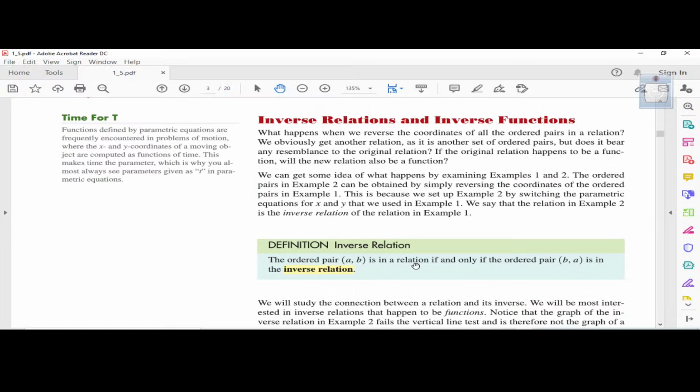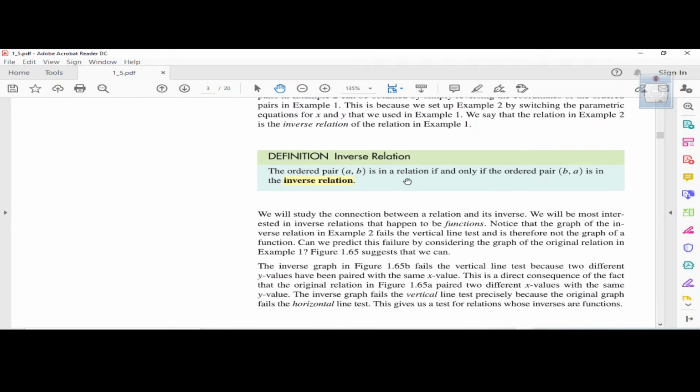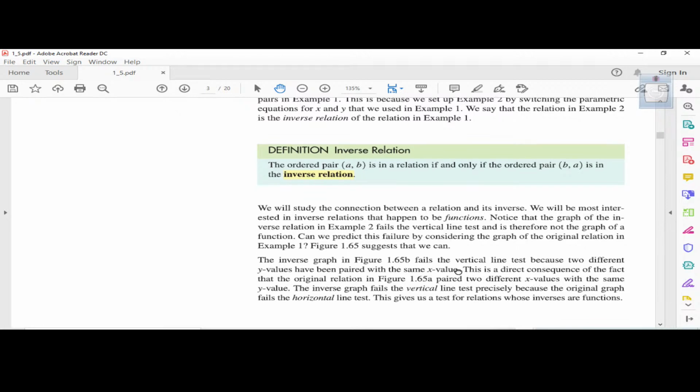For the definition of an inverse, the ordered pair (a, b) is in a relation if and only if the ordered pair (b, a) is in the inverse relation. So basically you have to switch the x's and y's to find the inverse.